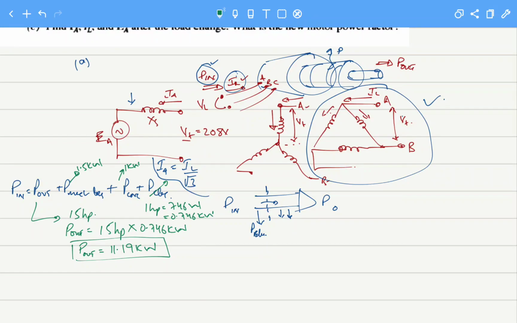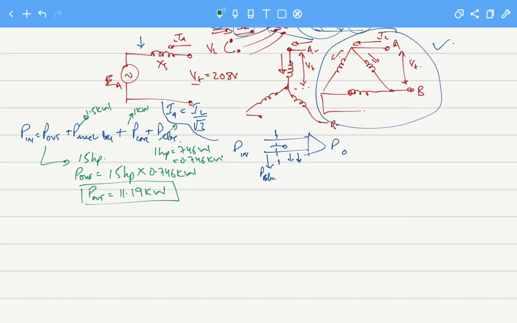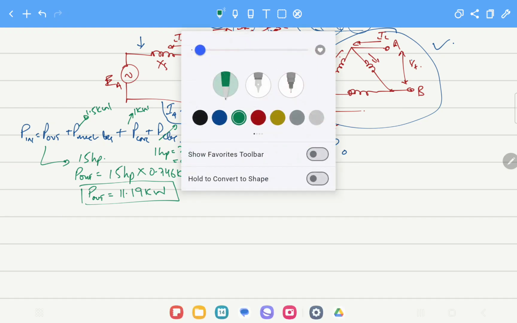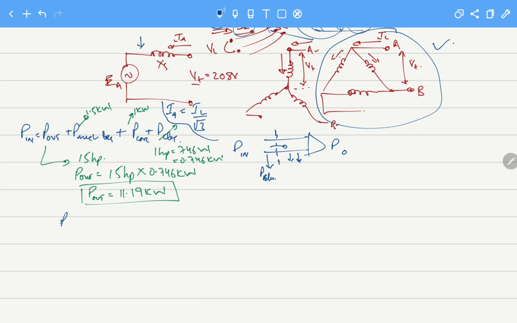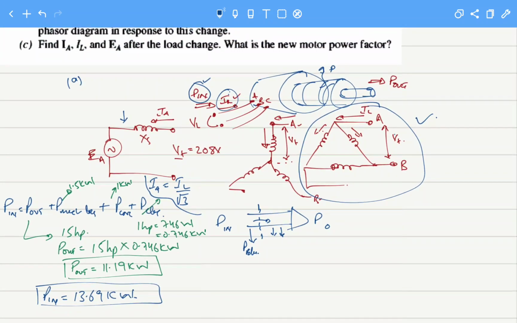So when we add all of these values, the P in will be equal to 13.69 kilowatts.